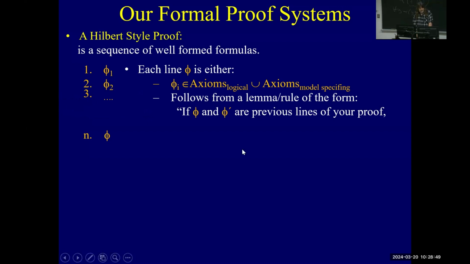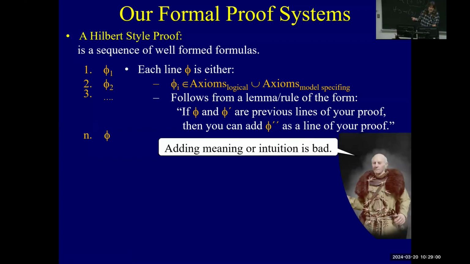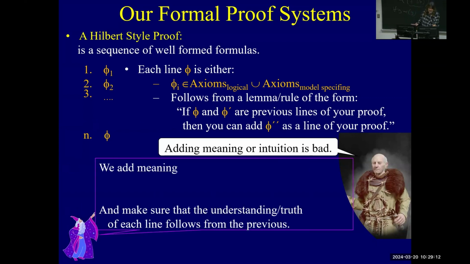You have a rule that says if these strings are in your proof system, then you can add this other string to your proof system, right? That's basically what the purple table does, right? It says if you have this and this, then you can put in this, right?